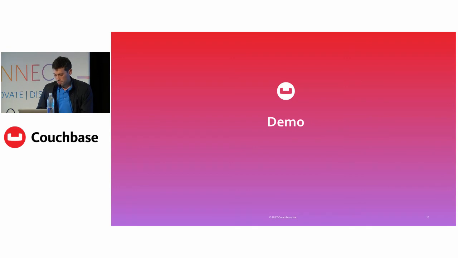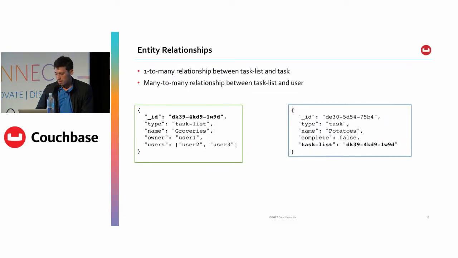Okay. Another requirement of the application might be to have relationships between our documents. So the task would have a reference to the ID of the list it belongs to. That's the same as in any other database relationships.